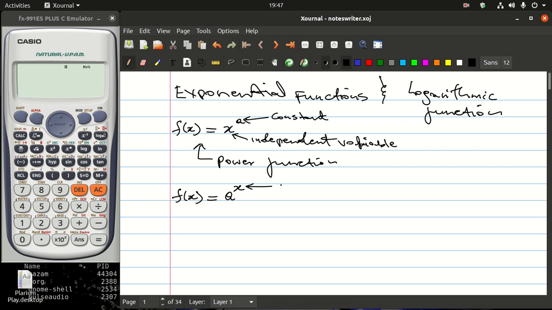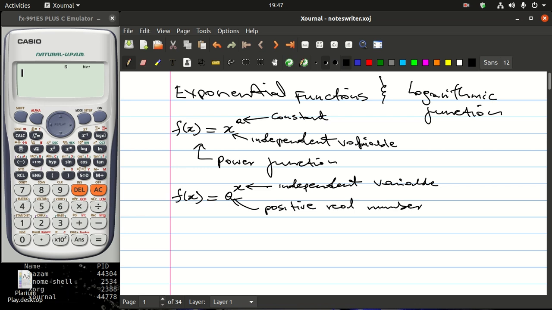This one now is an independent variable, and this base here is a positive real number. So exponential functions are functions of this kind, which is just reversing what power functions are doing.